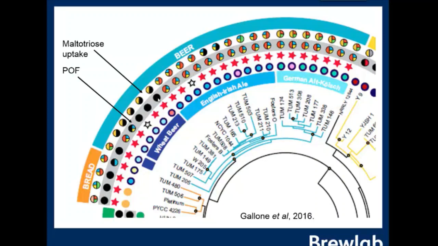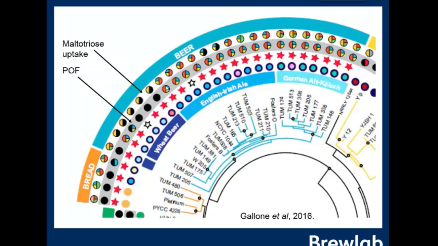So the POF off flavour, the phenolic off flavour, is a feature that we don't really want in most standard beers, but we do want in a wheat beer. And when these people have looked at this, they found that the wheat beer group has very active POF genes, but in the English ales and the German ales, those particular genes have mutations in, so they are not active, and therefore they don't produce that POF flavour.